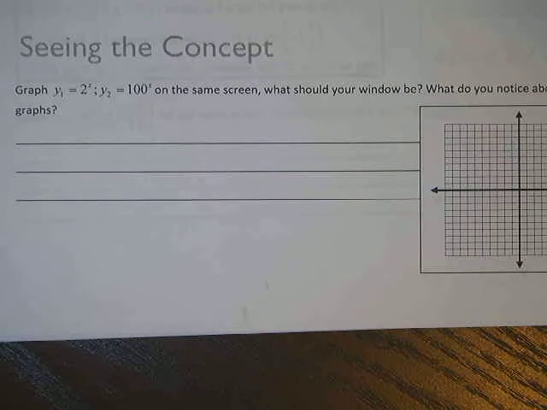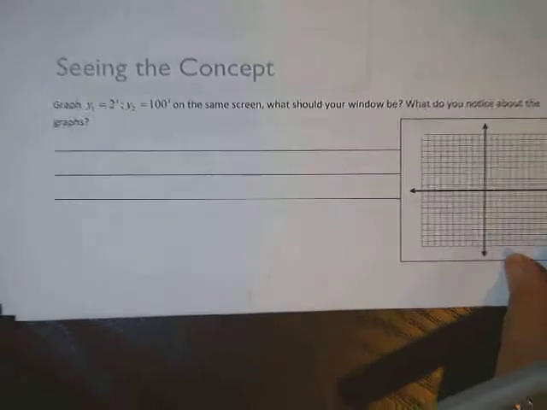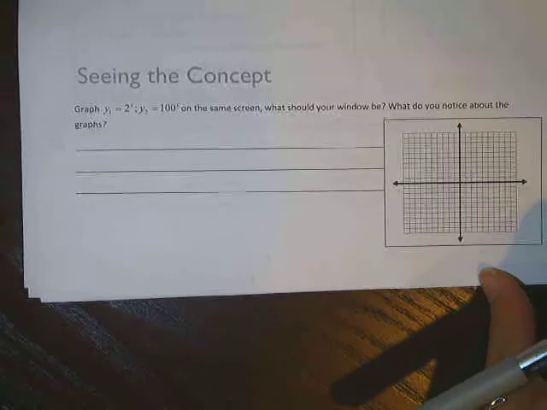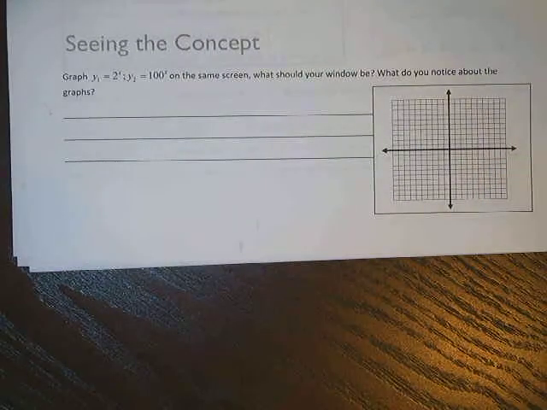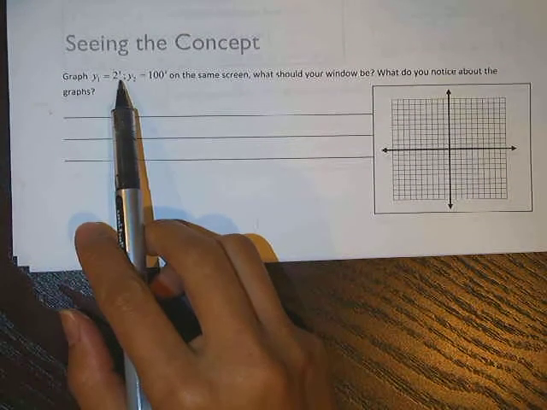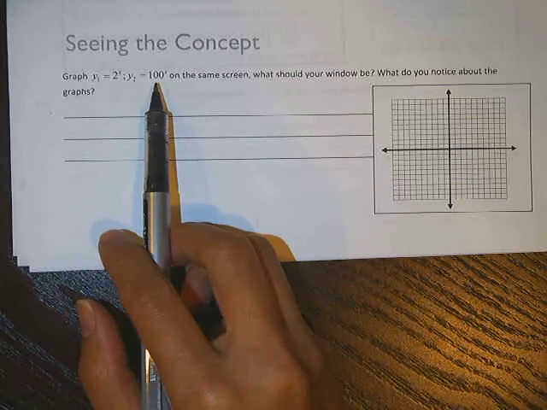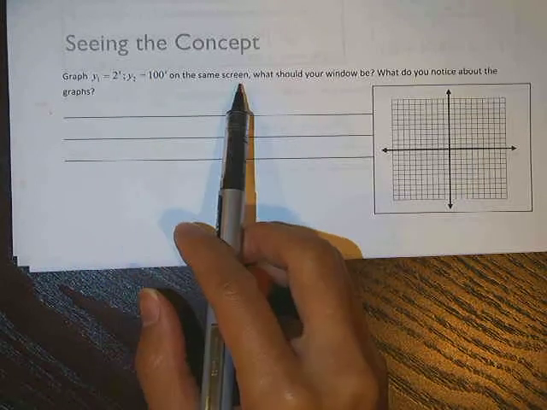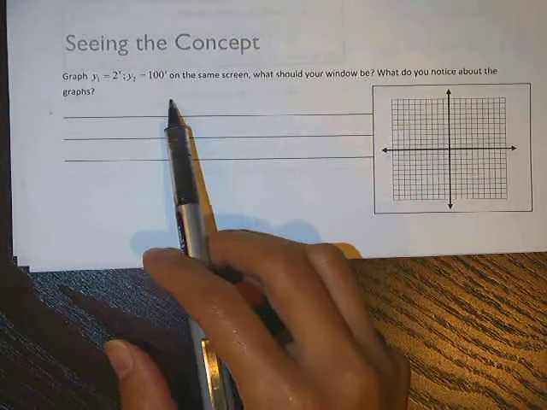Alright, let's go and see the concept. Anytime you see the exploration or seeing the concept, these are pretty much on your own. The directions say: graph y sub 1 equals 2 to the x, and y sub 2 equals 100 to the x on the same screen. What should your window be to see both functions?